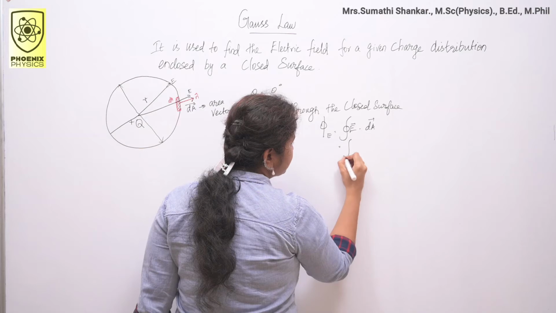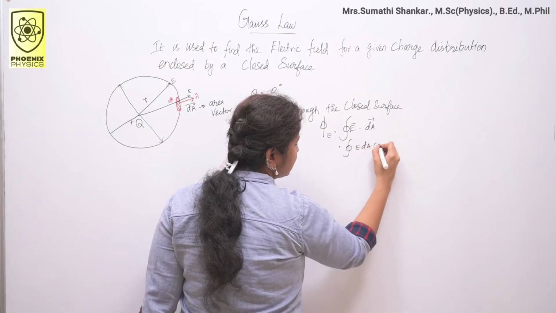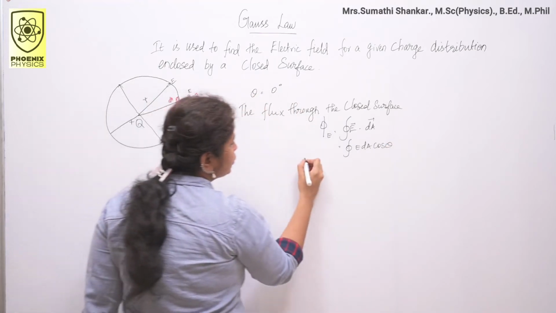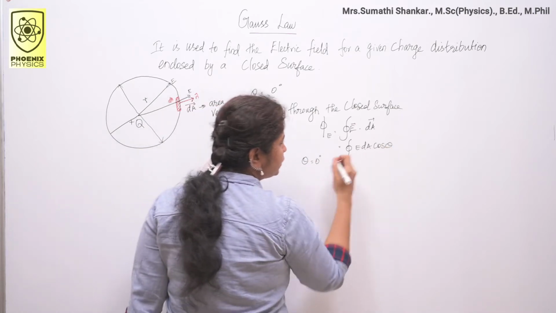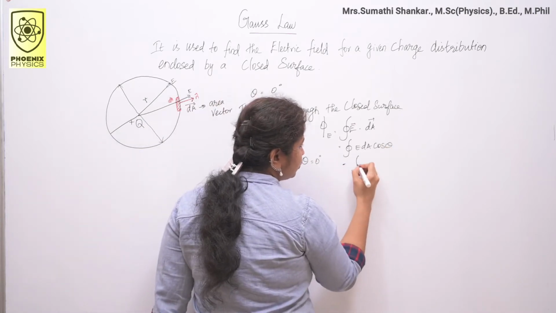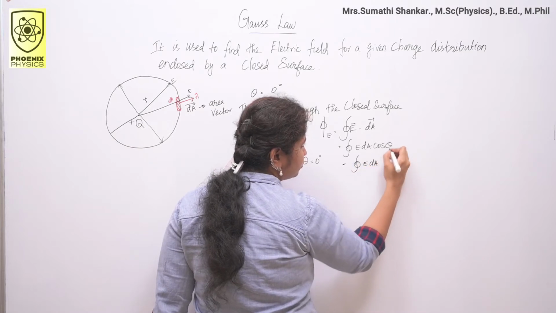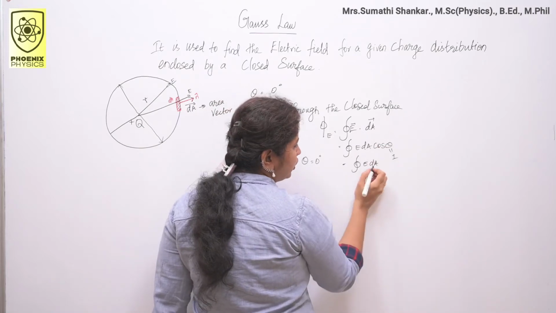You can simply write it as E dA cos theta. Here theta is equal to 0 degree. Substitute in this equation, so you get E dA alone, because the value of cos 0 is 1.